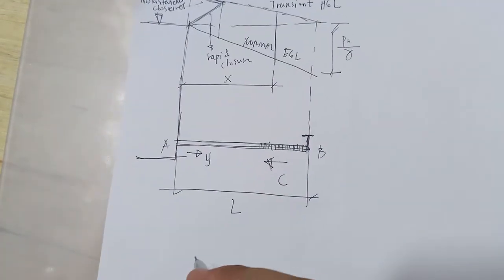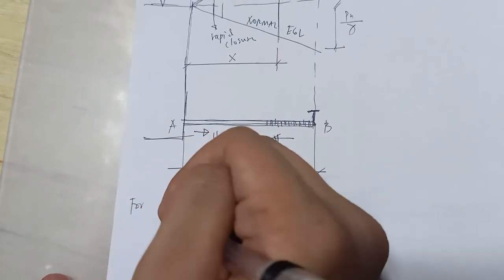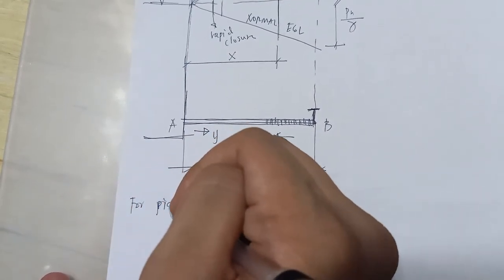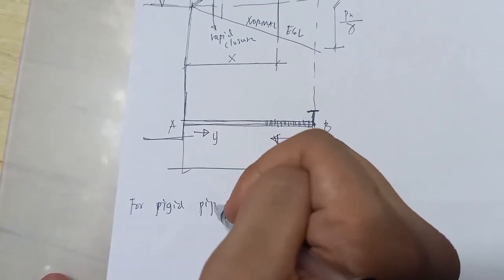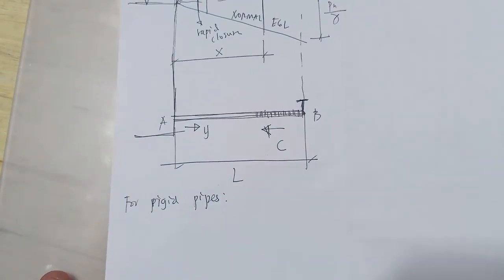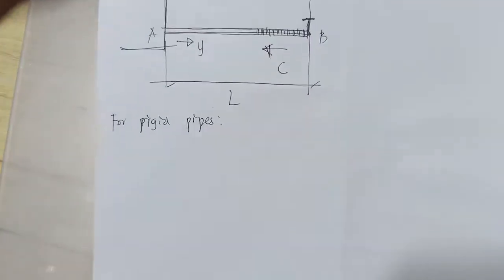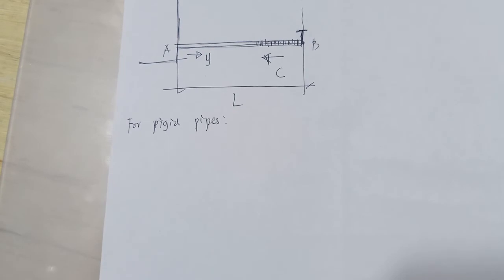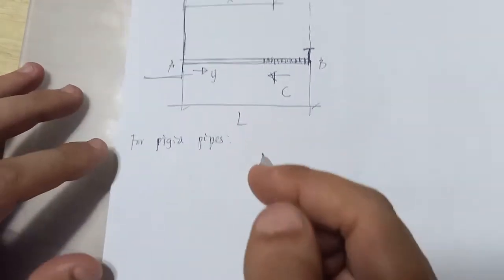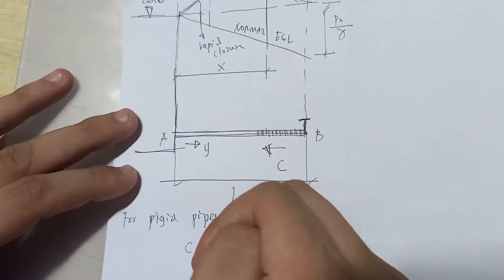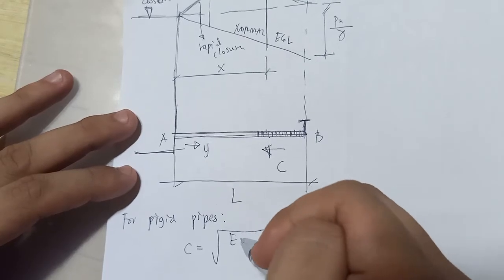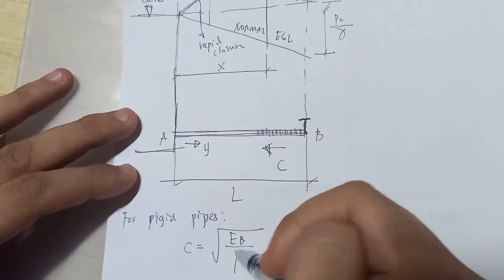So for rigid pipes, there are formulas involved when we see a faucet shaking or undergoing water hammer. It is equal to the square root of E sub B over rho.